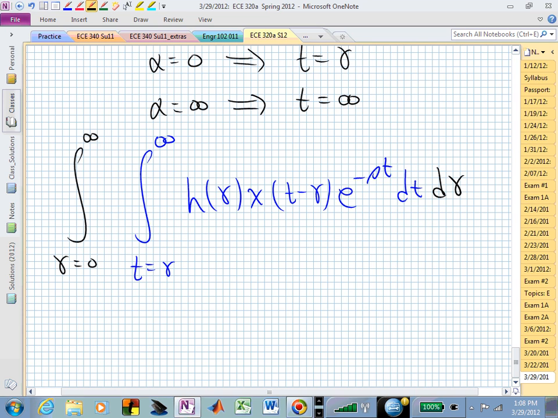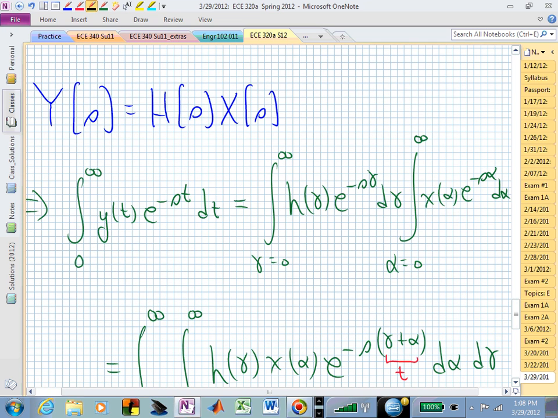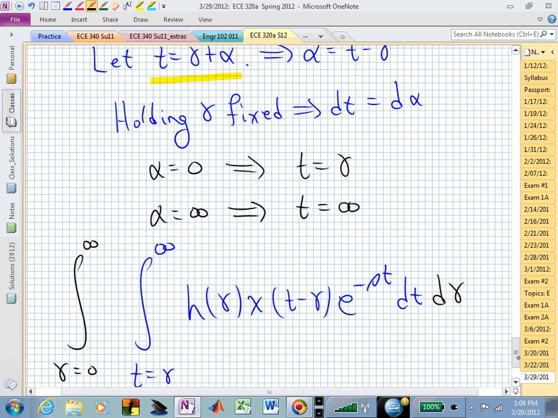Now what I want to do is actually interchange my integrals, because I really want to integrate in the outside sense with respect to time. And I may be glossing over some of the mathematical subtleties, but I want to make my eventual integral look like this left-hand side, and this left-hand side has a variable of integration of t. So I need my dt on the outside. And I want my e to the minus st out there also.